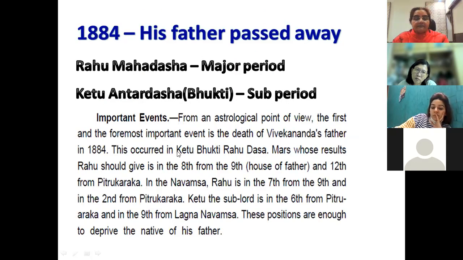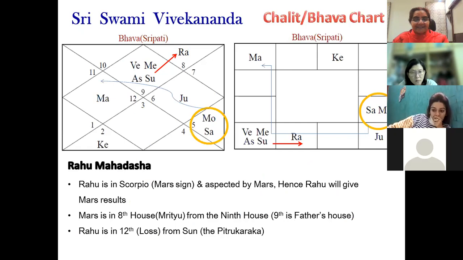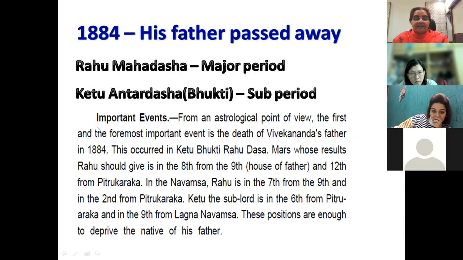Now what it says, this occurred in Ketu and Rahu Dasha. Now Mars, whose results Rahu should give. Why should Rahu give Mars's result? Because Rahu is aspected by Mars, the 5th aspect. Correct. Or the other way, Mars is like the one whose results Rahu should give, meaning Mars is superior in this case, and Rahu has to do his bidding.